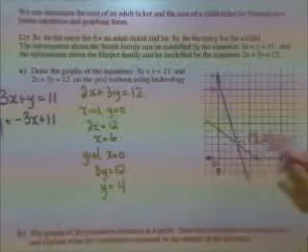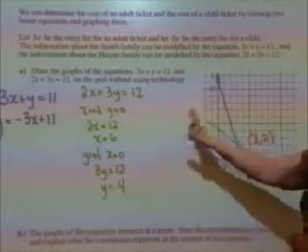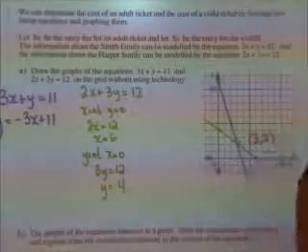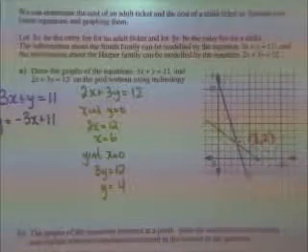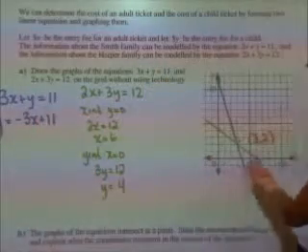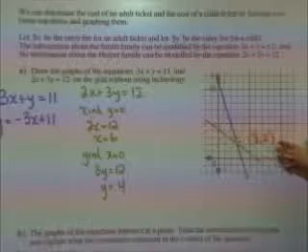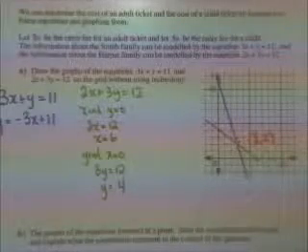That's true. Plug it into this equation: 2 times 3 is 6, 3 times 2 is 6, 6 and 6 is 12. So this point made both equations true. It's what we call the solution to the system. It is the point that is the same for both graphs. That's my solution. It's the intersection point.